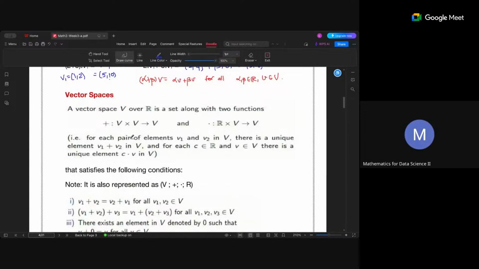Okay. So you take a set V, and you take real numbers. We say this set V is a vector space over R if first of all we need these two functions. This is the vector addition, and this is the scalar multiplication.